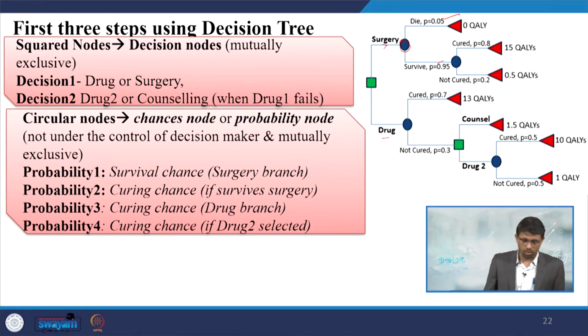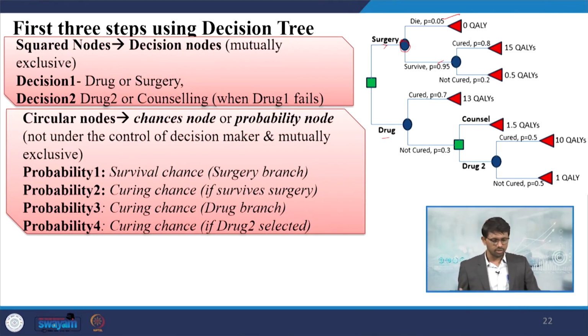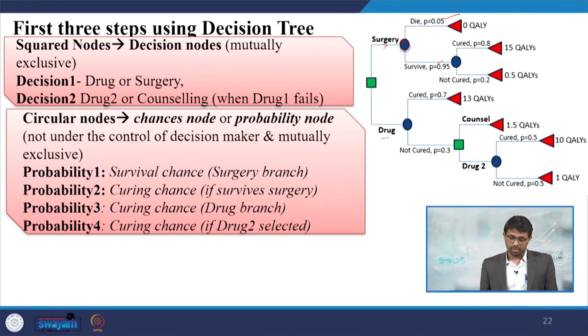Probability 1 is the survival rate; at this moment we have mentioned that the dying chance is 5% and the survival rate is 95%.